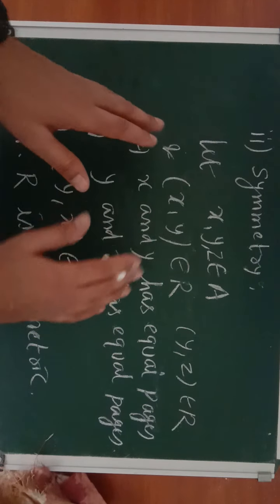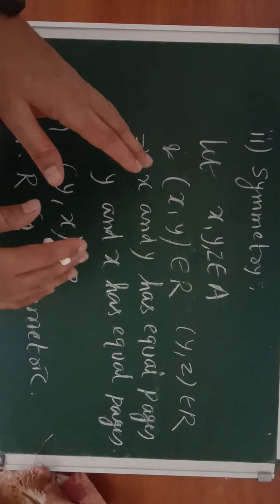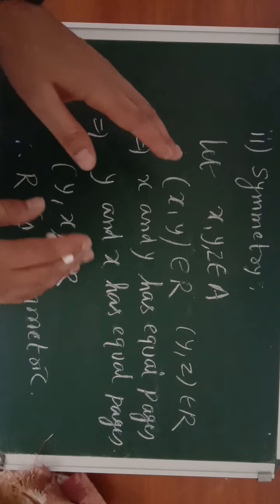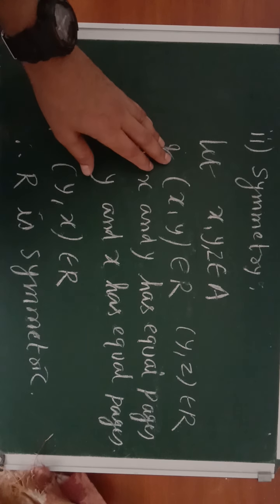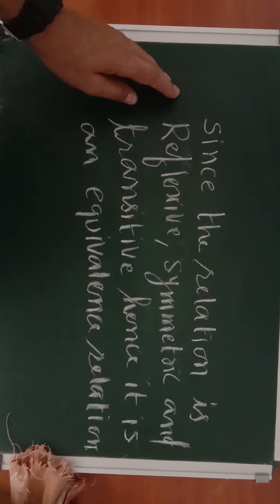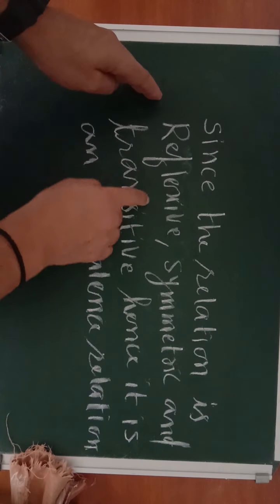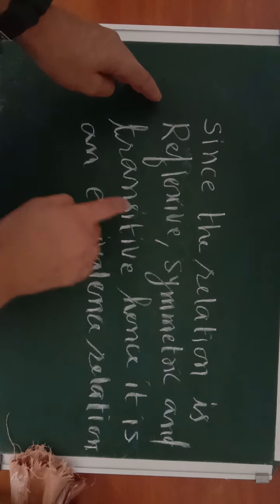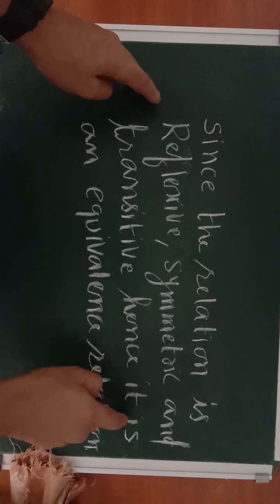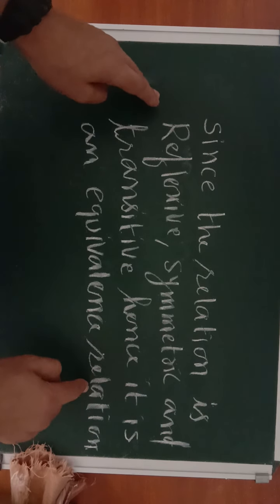And you can write that the relation is transitive. Okay students, and at the end you have to write one very important statement: since the relation is reflexive, symmetric and transitive, hence it is an equivalence relation.